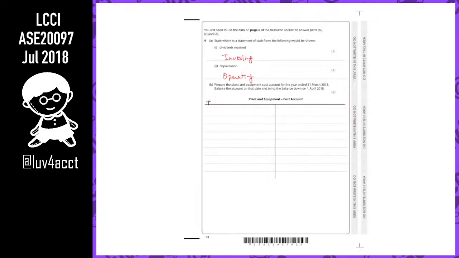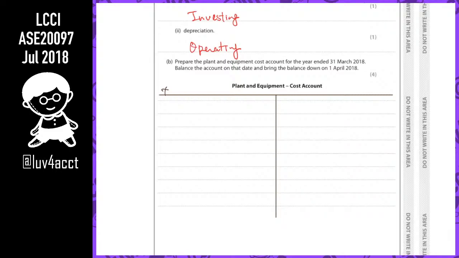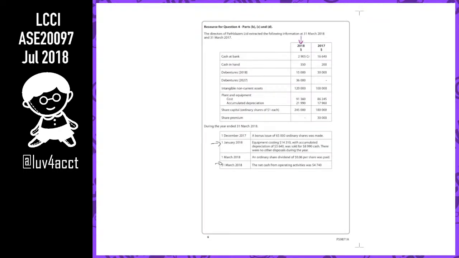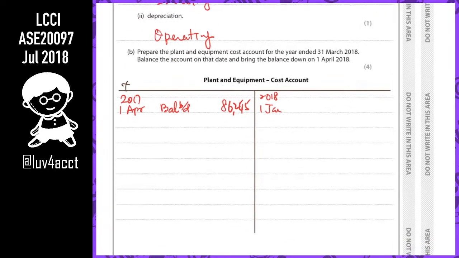Let us put 14310. Let us put the opening balance first. Year 2017, 1st of April, we have the balance being 86245, and then during the year, we are given the exact date for the disposal. So 1st of January, we have the disposal 14310.